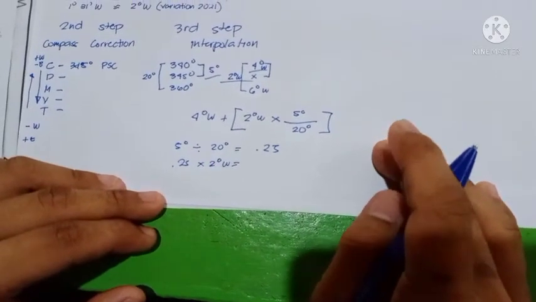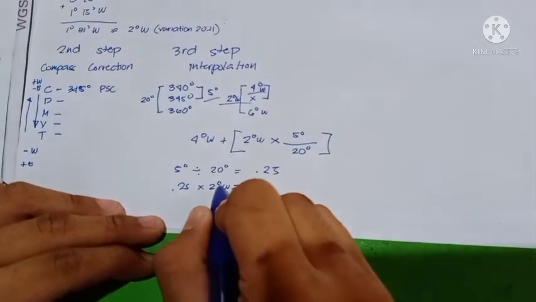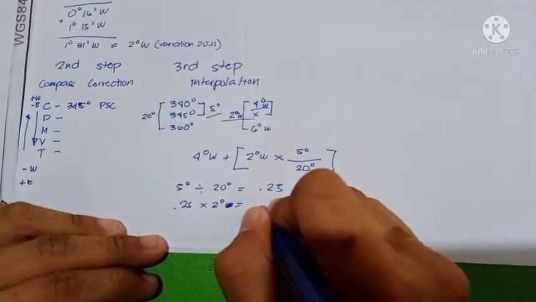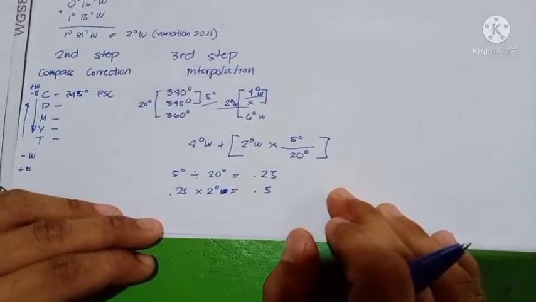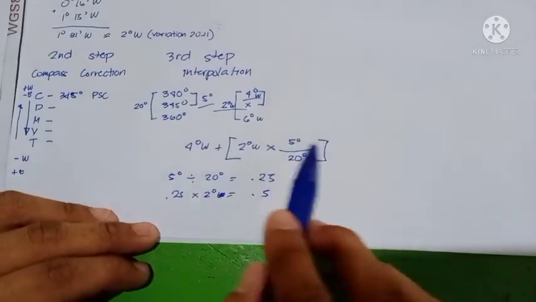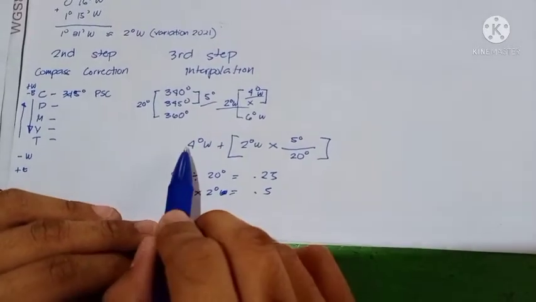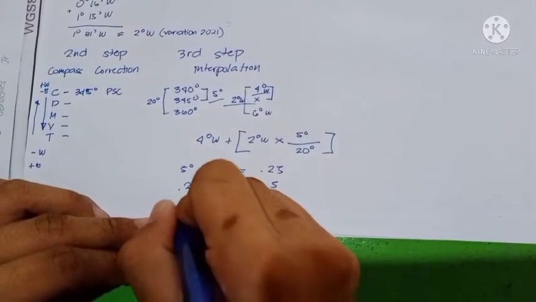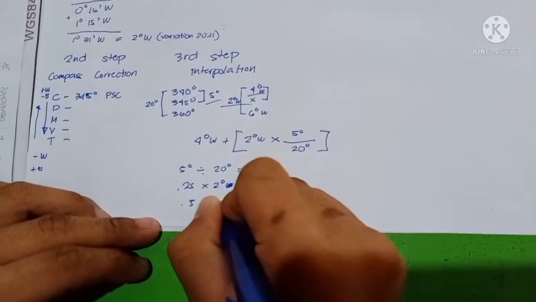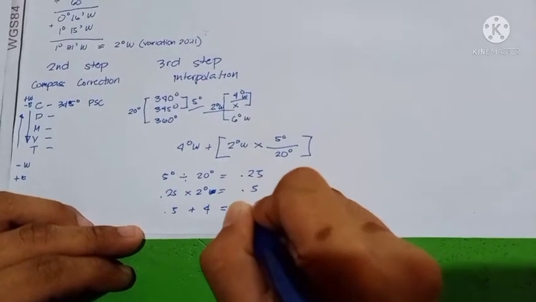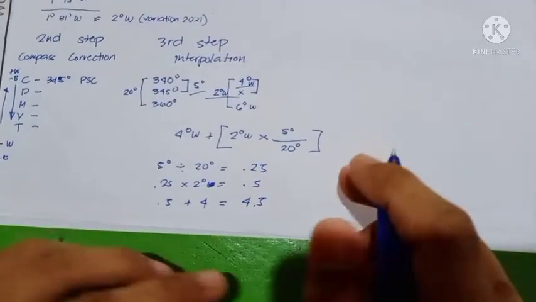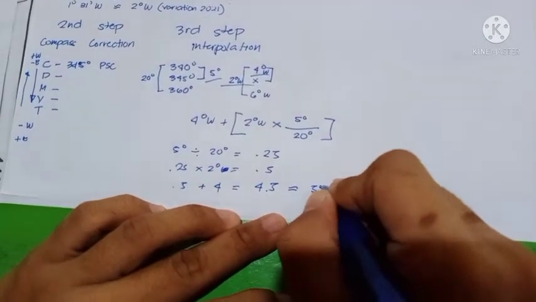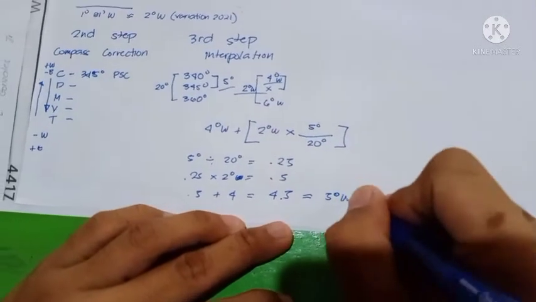So the answer is 0.5. And after computing this, we'll add 0.5 to 4. So 0.5 plus 4 is equal to 4.5, and rounded off to 5 degrees west.